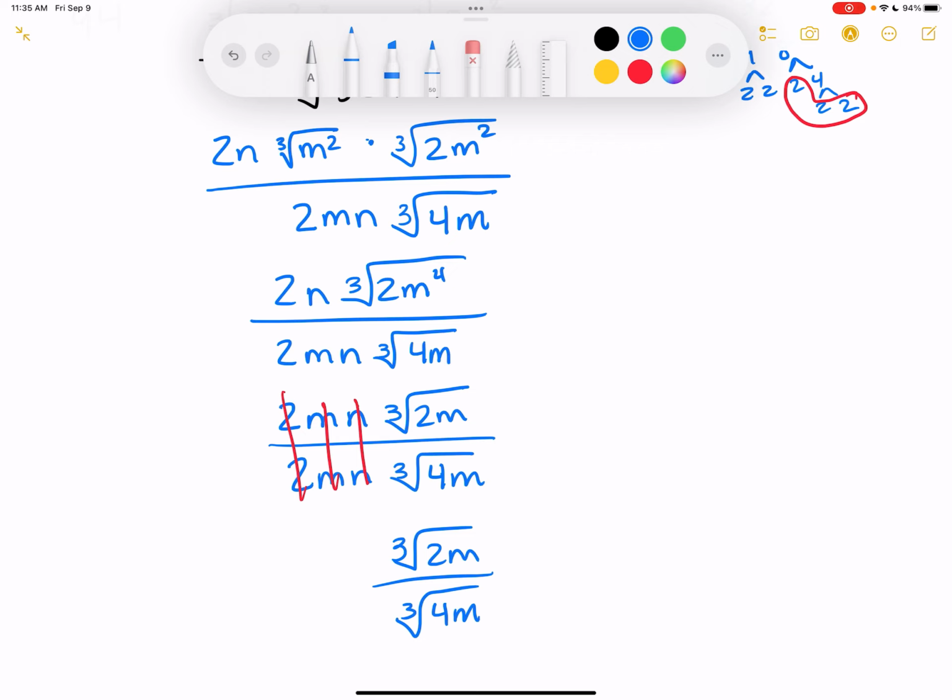You move the thing over and turn it into a fraction. Okay, I can rewrite it in terms of a fraction. So this would be 2m raised to the 1/3 over 4m raised to the 1/3.